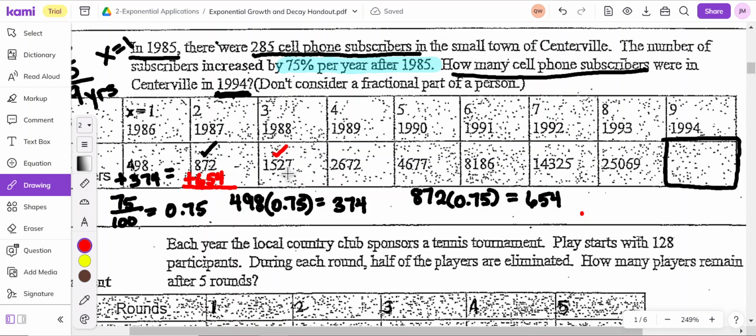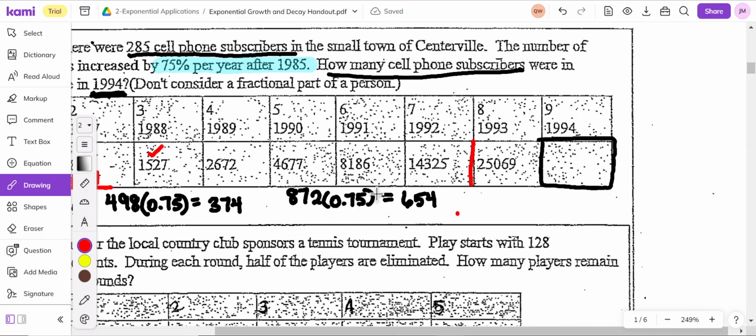the 0.75. We do all of this, so let's make it all the way over here. We're at 25,069 subscribers. What is 75% of this number?